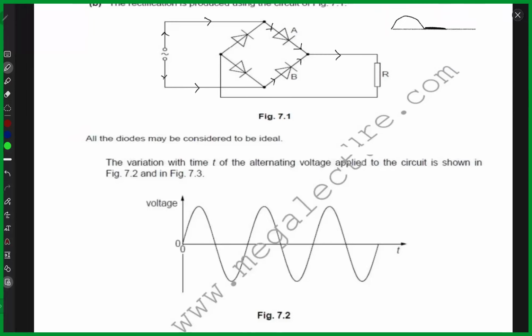Then again it changes direction, so the current flows again, and after that again it's zero, which is a half wave rectification, right? So half wave rectification is happening across diode A. On this figure 7.2, I'll draw something like this, let's use a different color. This, and then you'll draw this.